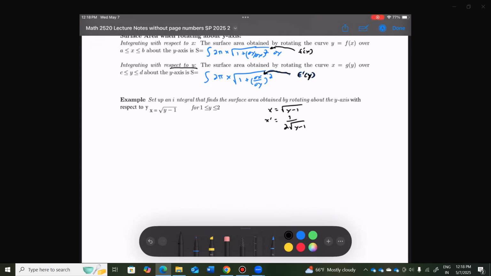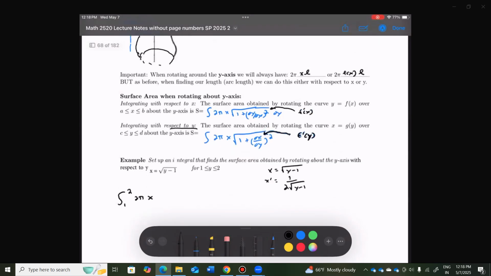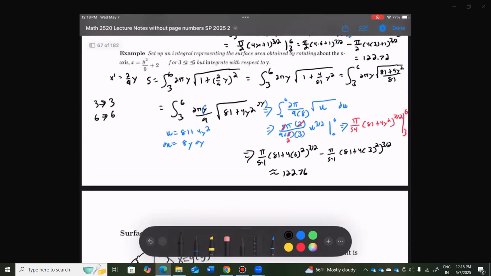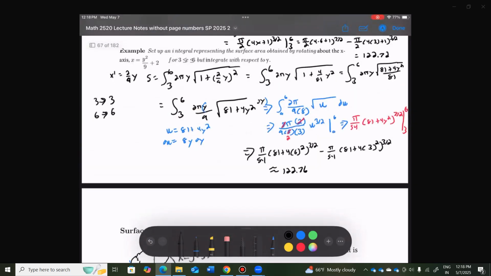Okay, so our integral from 1 to 2 is going to be 2 pi x. I used y there.